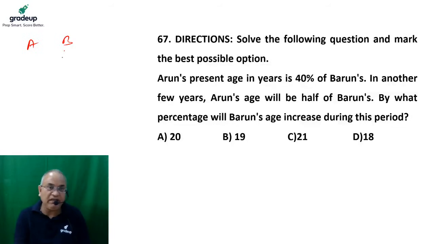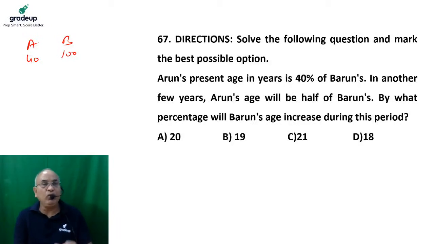Let's say Varun's present age is 100, so Arun's is 40, because it is 40% of Varun's. A few years later, Arun's age will be half of Varun's age. In how many years will it happen?